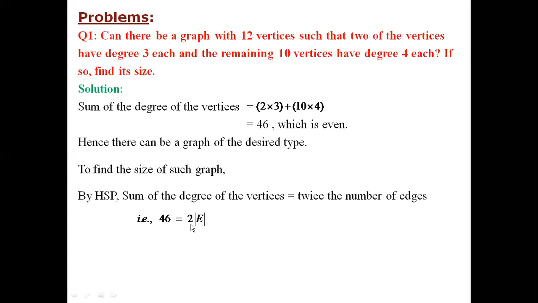So we write it as 2 into cardinality of E. Simplifying, the number of edges in the graph is 23. Thus there are 23 edges in the graph of the desired type with 12 vertices, in which there are 2 vertices of degree 3 each and 10 vertices of degree 4 each. So the size of such a graph is 23.